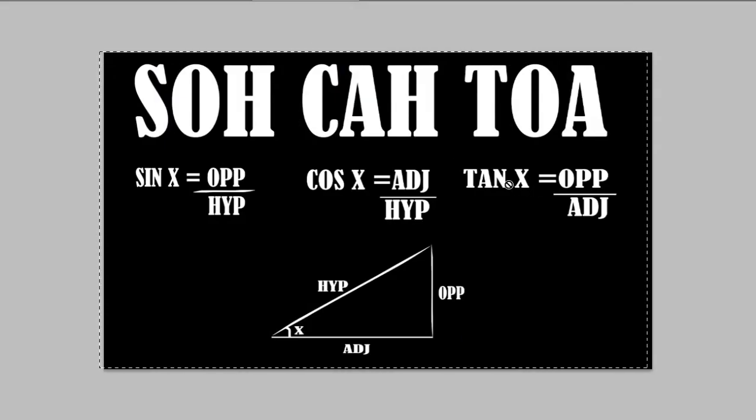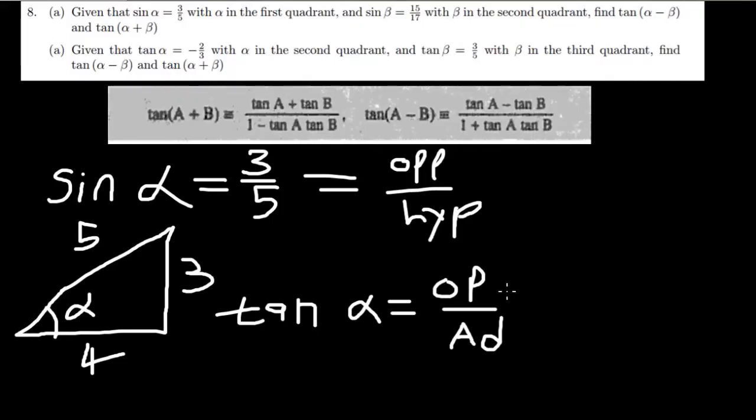We said tan theta, which is tan x in this case, is equal to opposite over adjacent. So tan theta is nothing but, what is our opposite in this case? Our opposite is 3, over, and what is my adjacent?